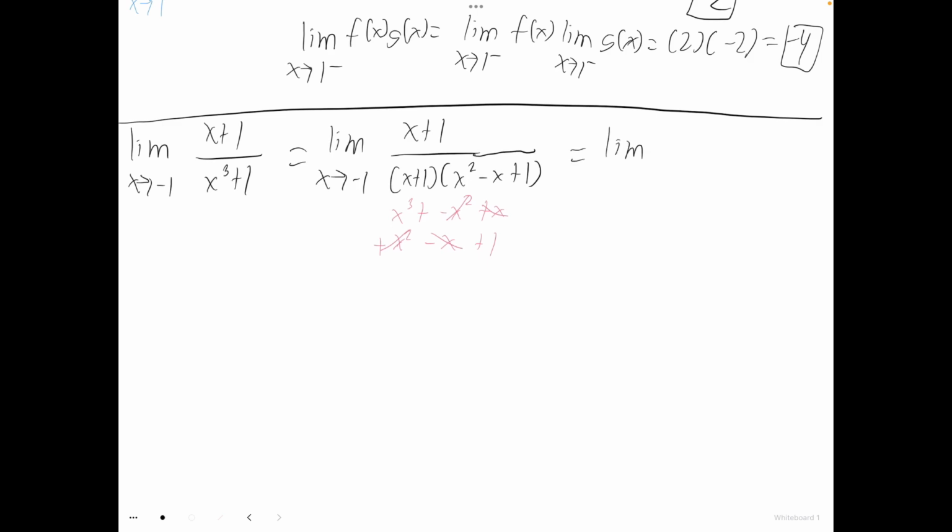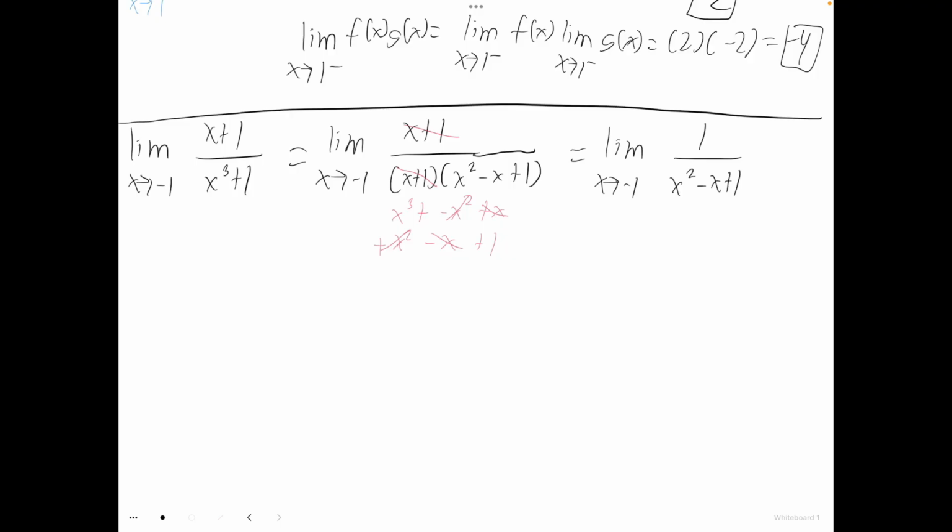So this then would be the limit as x goes to negative 1. Now notice here we have an x plus 1 on the top and on the bottom, so those cancel because we're approaching when that would be 0, but we're not actually at that place. So this then gives us 1 over x squared minus x plus 1.